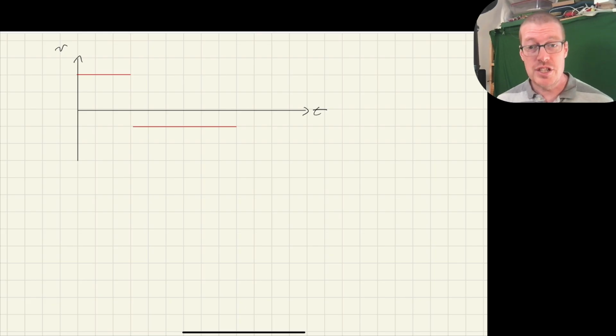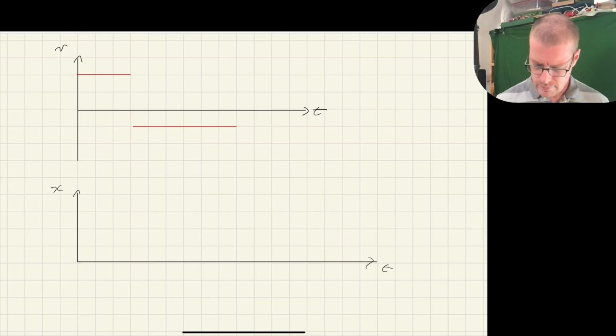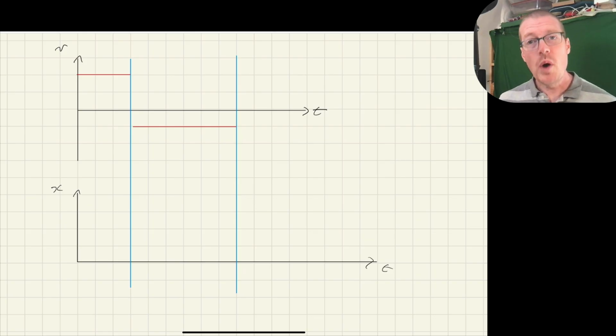So again, the strategy is I copy my axes and I draw vertical lines at the appropriate breakpoints. One thing is that from this graph, I can't figure out what the starting position is. So they have to give that, or it can be arbitrary. I'm going to choose my starting position to be right here.